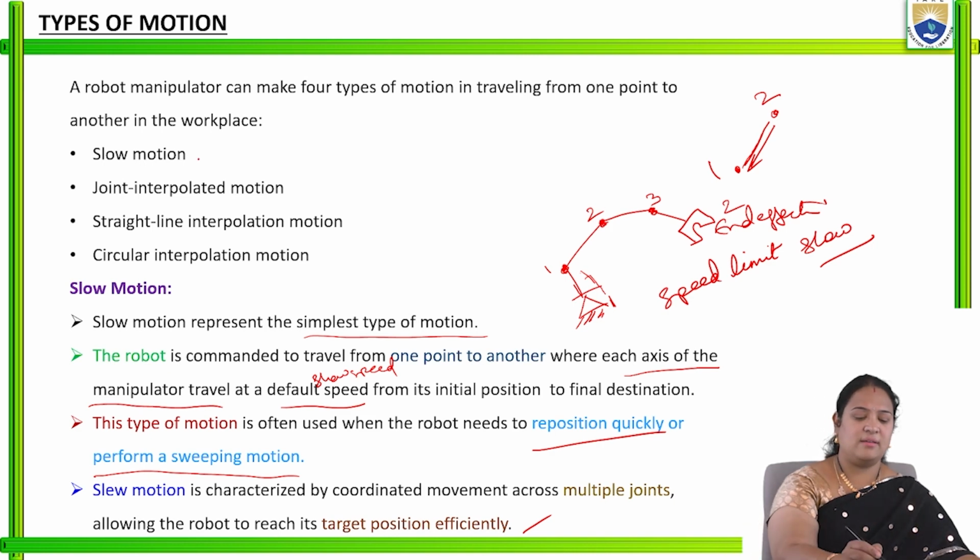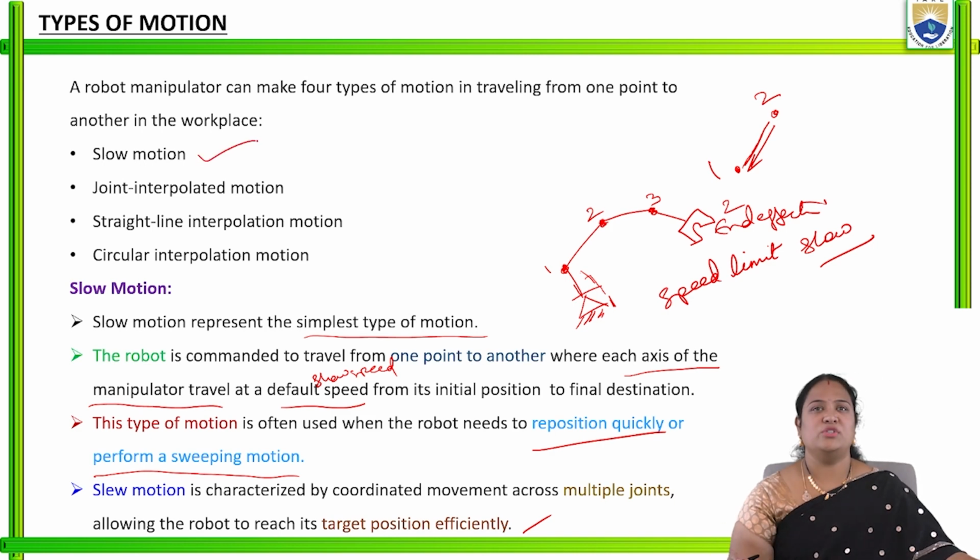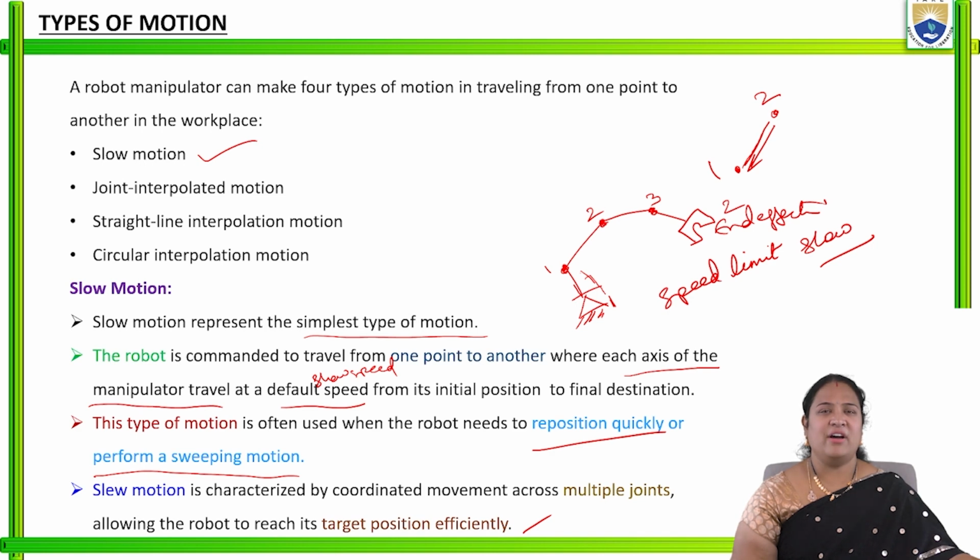This is the slow motion. It is one type of motion which takes place in the robot manipulator, and one of the simplest types of motion.